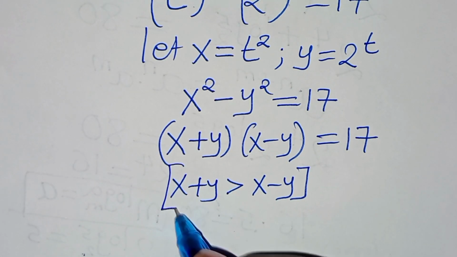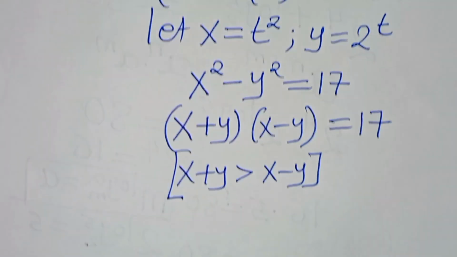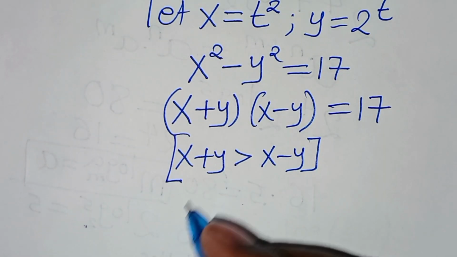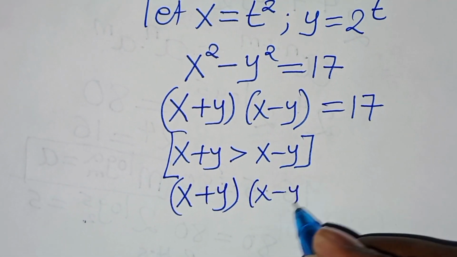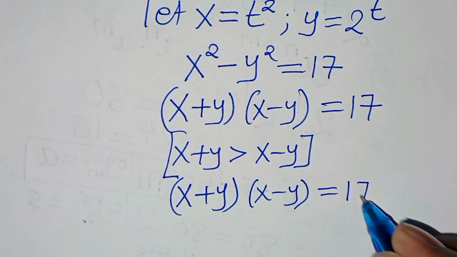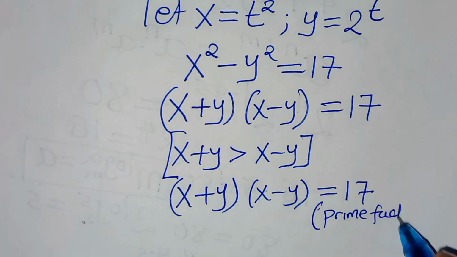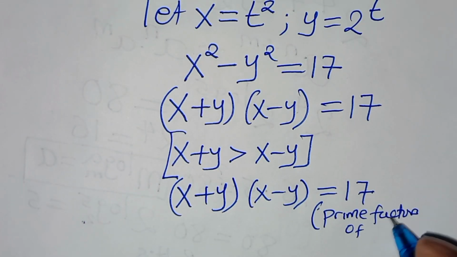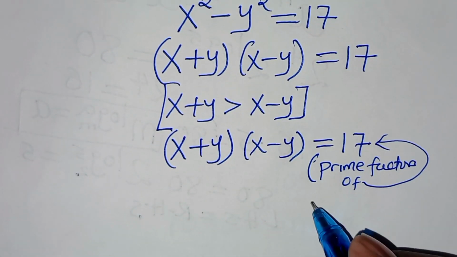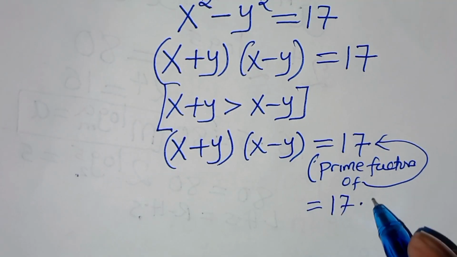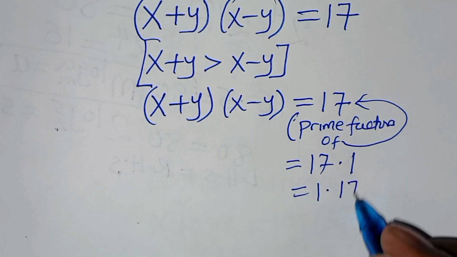And therefore, x plus y times x minus y is equal to 17. So let's get the prime factors of 17. Here we have 17 times 1, and also 1 times 17.